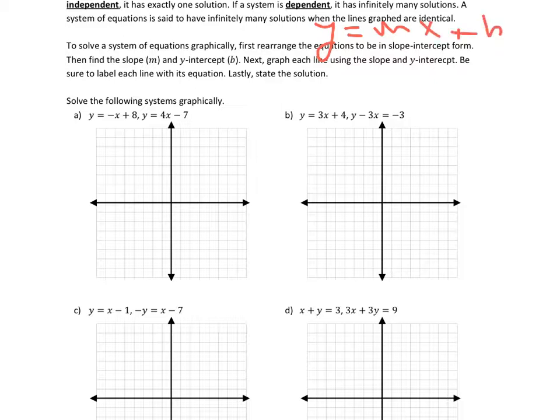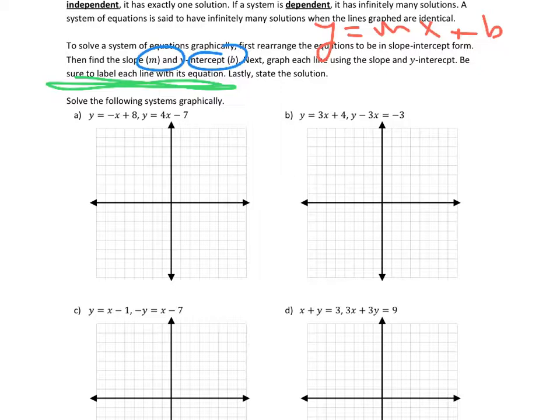Then find the slope m and the y-intercept b. So remember, we begin at the y-intercept and we move with the slope. Next, graph each line using that slope and y-intercept. Be sure to label each line. That's a quick way to lose points. Label each line. Lastly, state the solution as an ordered pair.